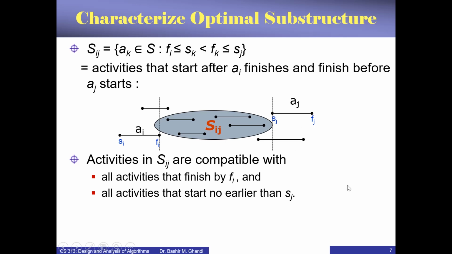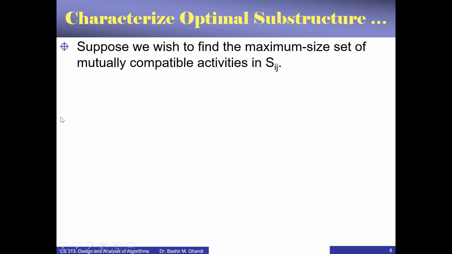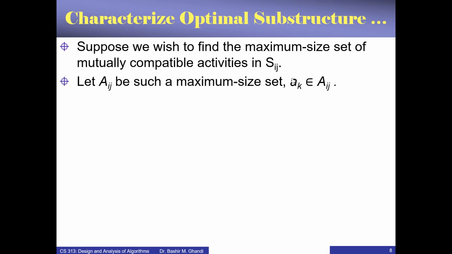Now suppose we wish to find the maximum subset of mutually compatible activities in our subset Sij. Let us suppose that Aij is that particular maximum subset.